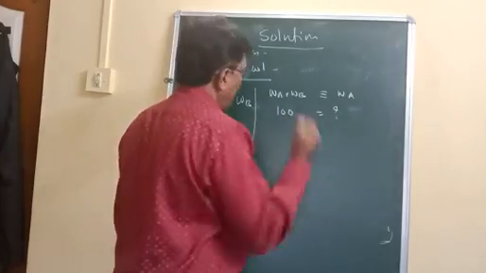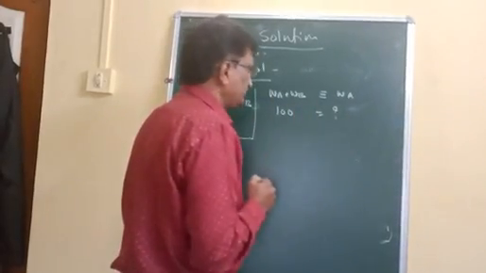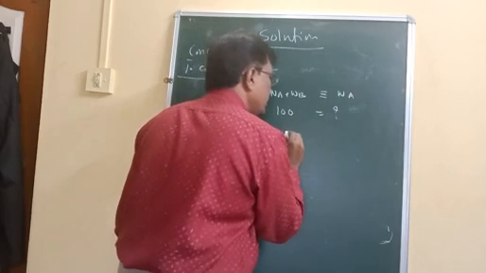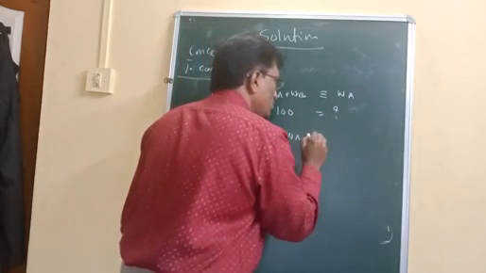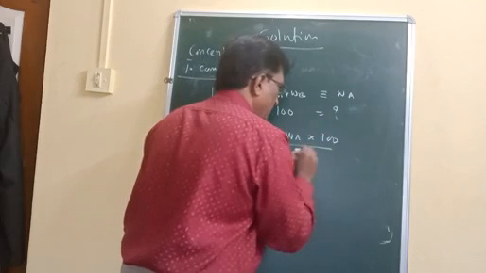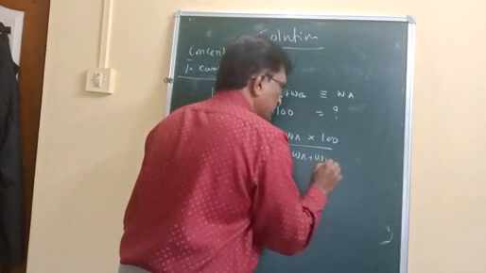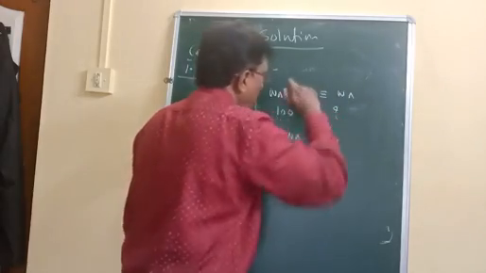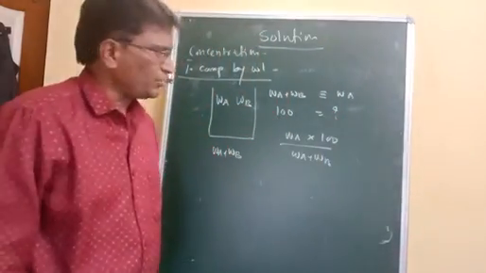That is the percentage composition by weight of A component and can be solved: WA into 100 divided by WA plus WB, by cross multiplication.